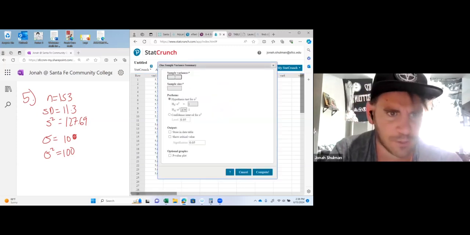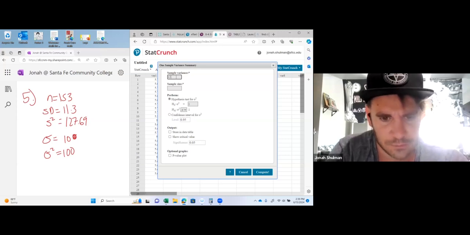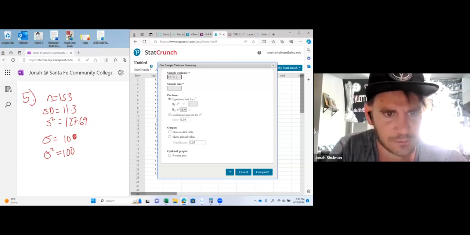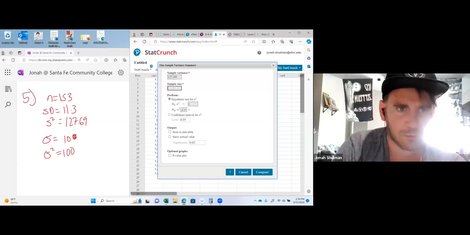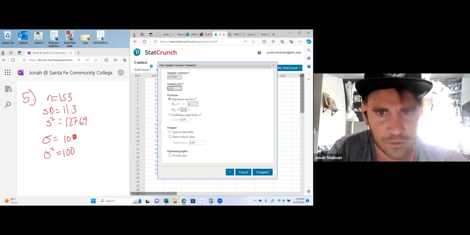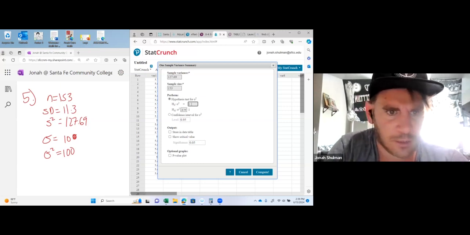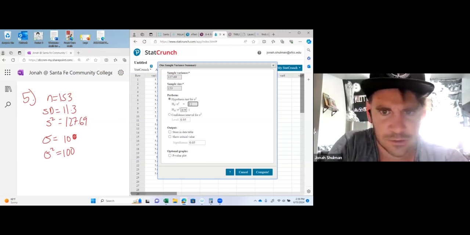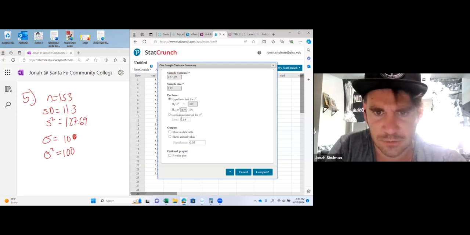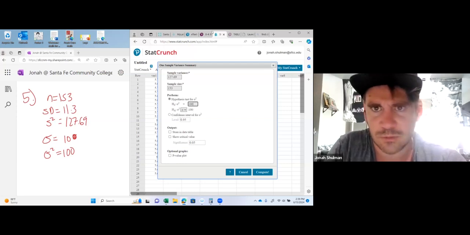Okay, so our sample variance is 127.69. I don't know why I didn't think you could do it before. This is 153. Our hypothesis is that ours is going to be 100 and it's not equal to 100. And was it 0.05?